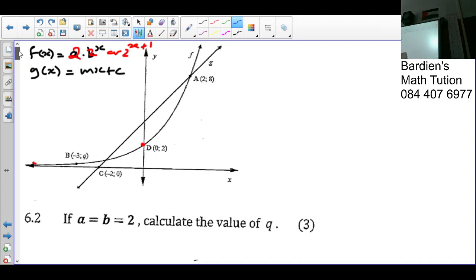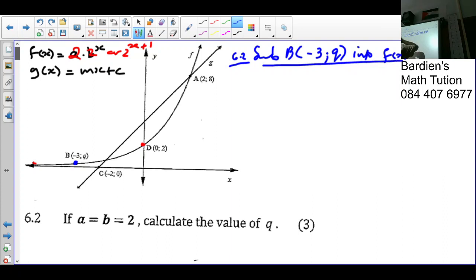Now where does q lie? Q is lying on f of x. Can you see that, people? So what we're going to do is we're going to substitute. This is now 6.2. Substitute b, which is negative 3, and q into f of x. Okay.